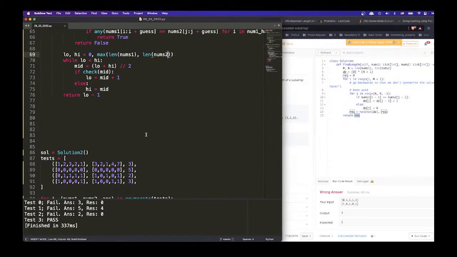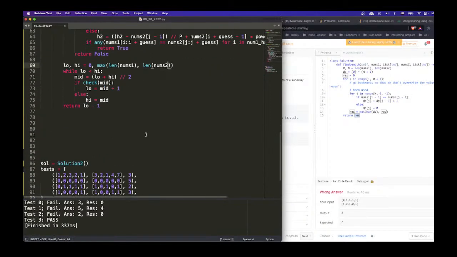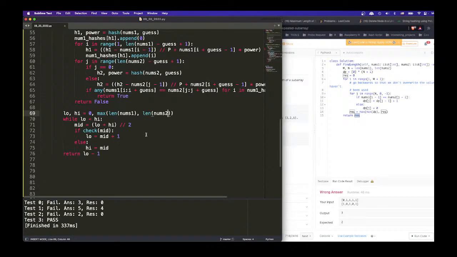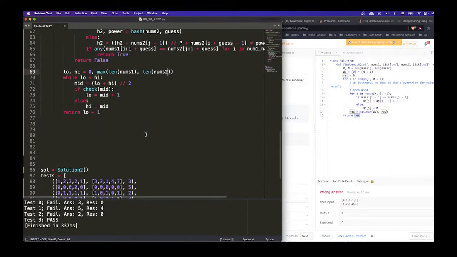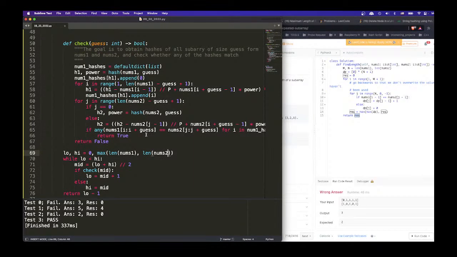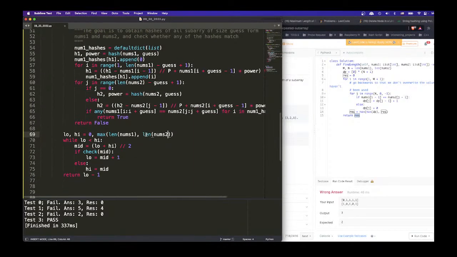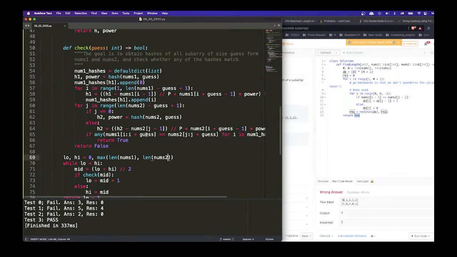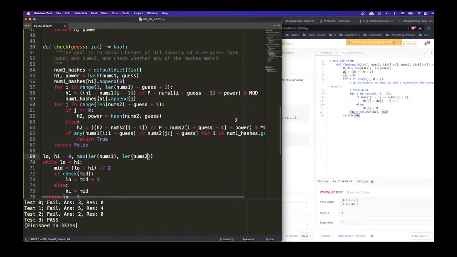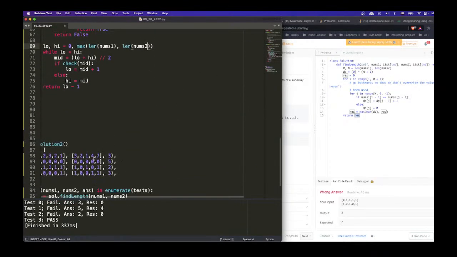Alright, that is not right. Yeah, I think it's the rolling hash. Most definitely it is the rolling hash. Yeah, I don't know.